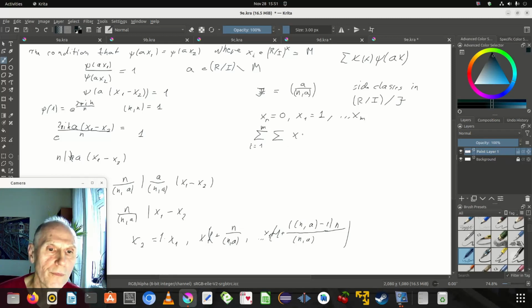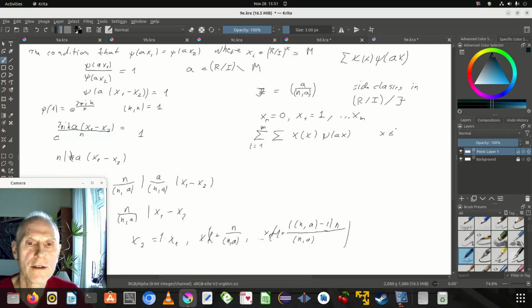Chi of x, psi of ax, and x, I should write it down here, but I think it's better to write it here, lies in, what do we call, the ideal is called dA. So x lies in x_i plus dA, and in the multiplicative group.